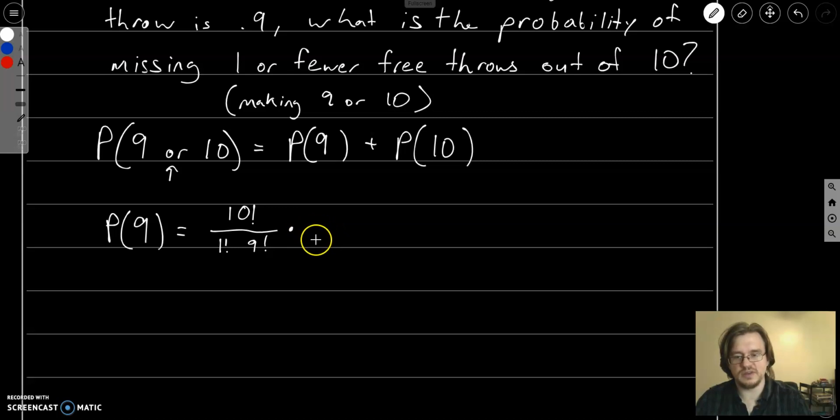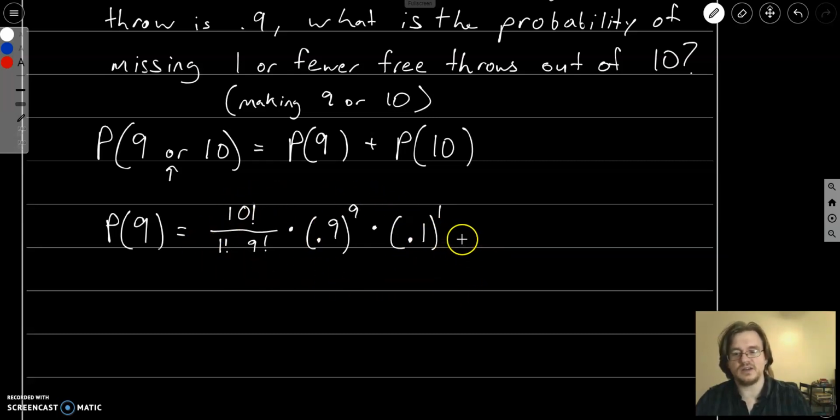The second number here will be the probability of success raised to how many successes we want. The probability of making a free throw is 0.9, and we want to make 9 free throws. And the probability of failure will be 0.1. If the probability of making a free throw is 90%, the probability of missing a free throw will be 10%, and we want to miss exactly 1 free throw.